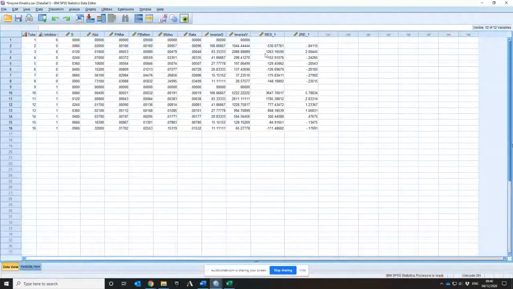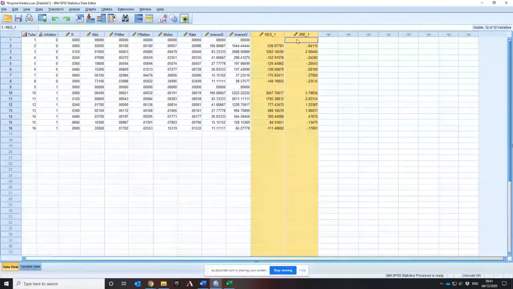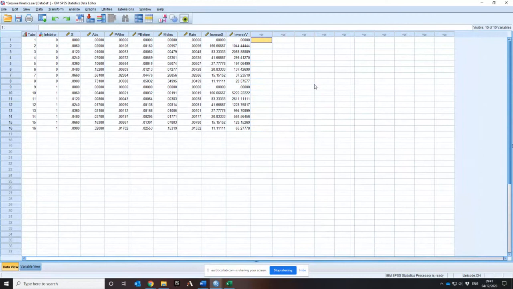So what we're going to do is use missing values again. You see that these extra columns have been added. Every time you run a linear regression model, it will add columns. Now, I don't want to keep these because when I rerun the model again in a second, I'll create some more residuals and standardized residuals. So I'm just going to get rid of those and keep my data set nice and clean.